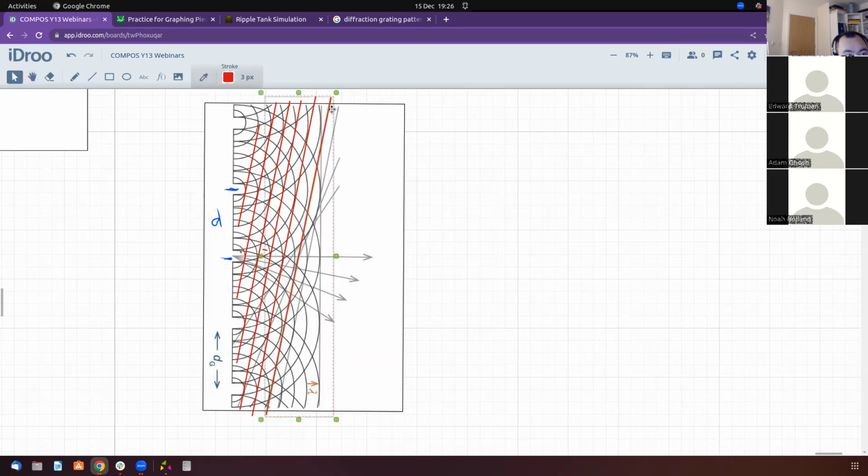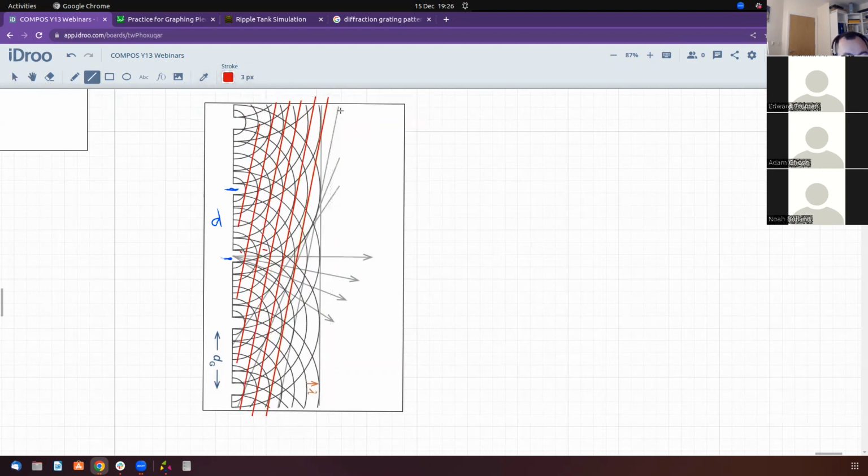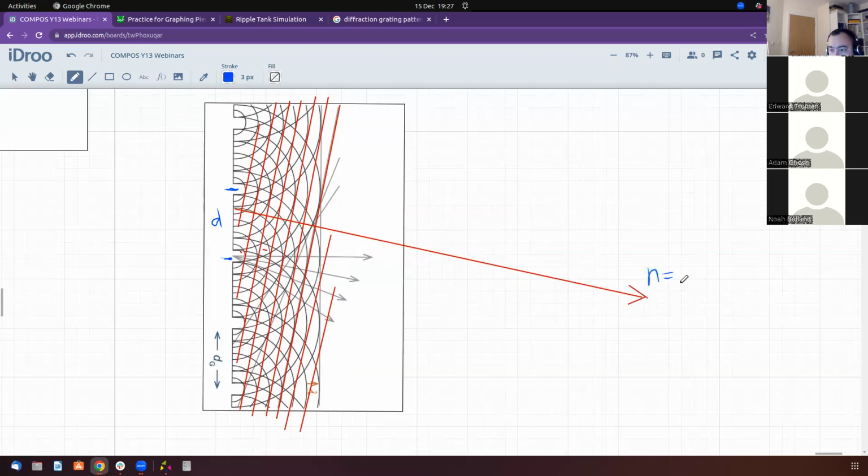I really encourage you to practice drawing this. You can see that these waves are all traveling in this direction, which is the direction to the first maximum, n equals 1.